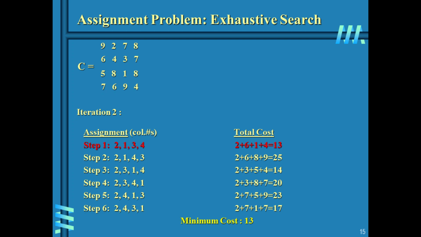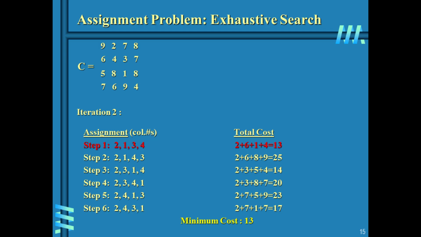Coming to the next step of iteration number 2, that is step number 5, is assigning job 2 to person 1, job 4 to person 2, job 1 to person 3, and job 3 to person 4, whose total cost is 23.